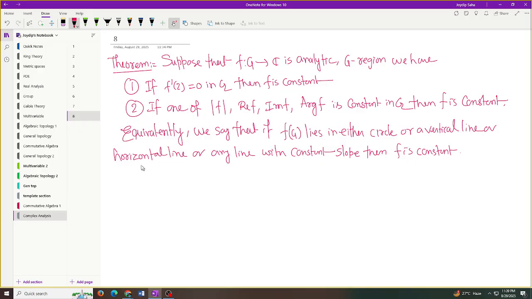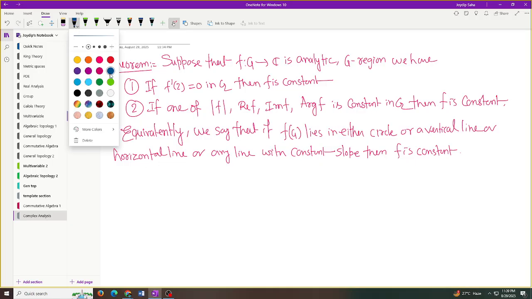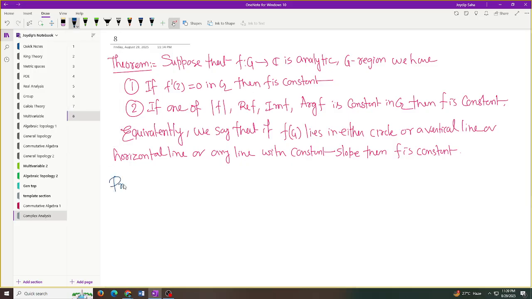Okay, proof. So we have f dash z equals del u del x plus i del v del x by the Cauchy-Riemann.